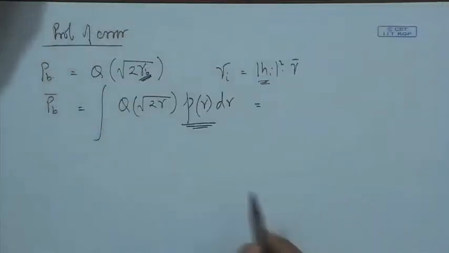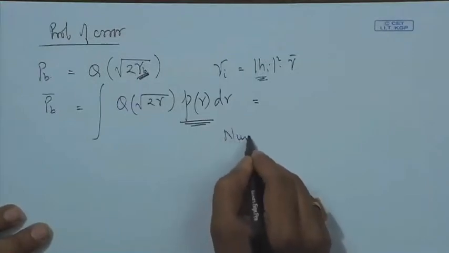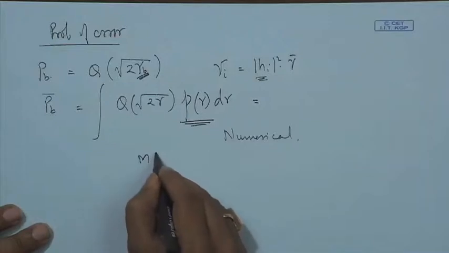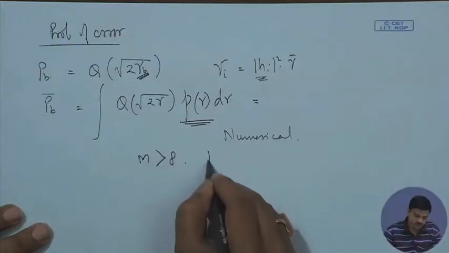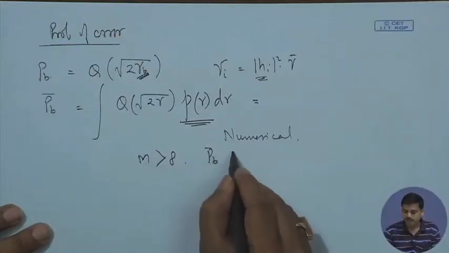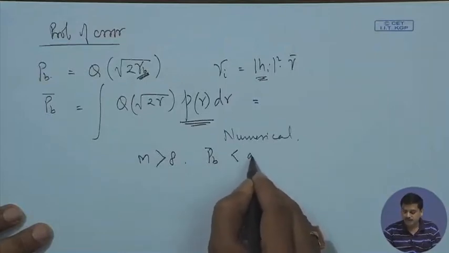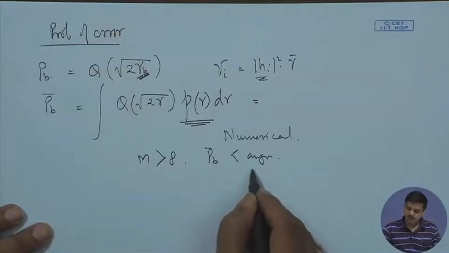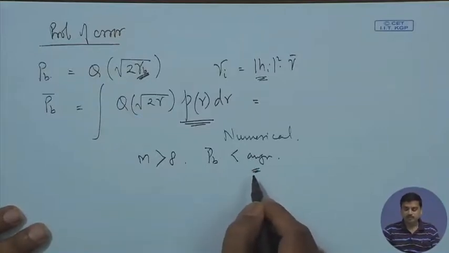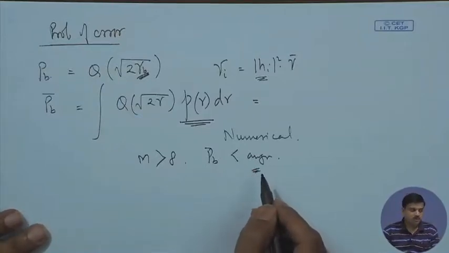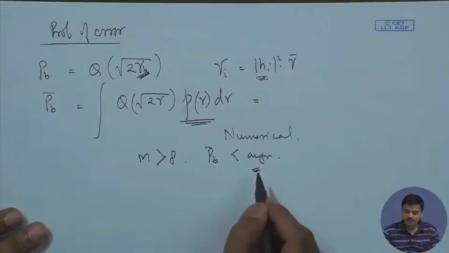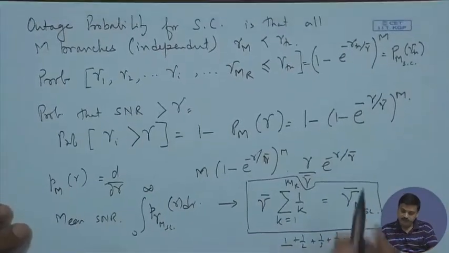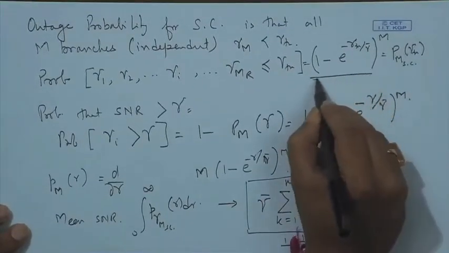So we have to use numerical techniques. Generally it is numerical techniques, and for M greater than 8, we can remember that the average probability of error turns out to be less than that of AWGN. This is quite interesting. We will see some of the error probability curves later on. So even with these very simple techniques, you could improve the outage probability significantly, as we have seen here with this particular expression.